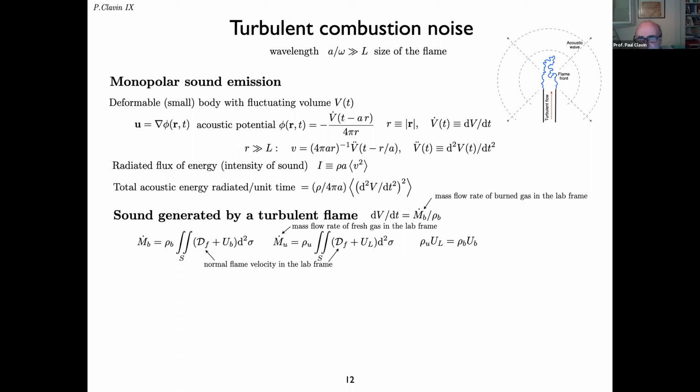This mass flow rate can be computed by an instantaneous surface integral, of the local normal flame velocity in the laboratory frame plus the flow velocity UB, which flows out from the flame, the burned gas velocity in a laminar flame, integrated over the surface.